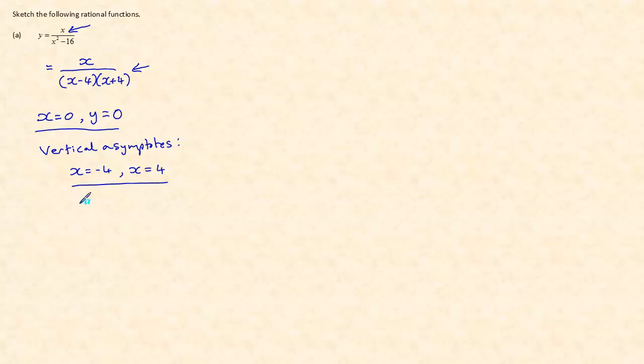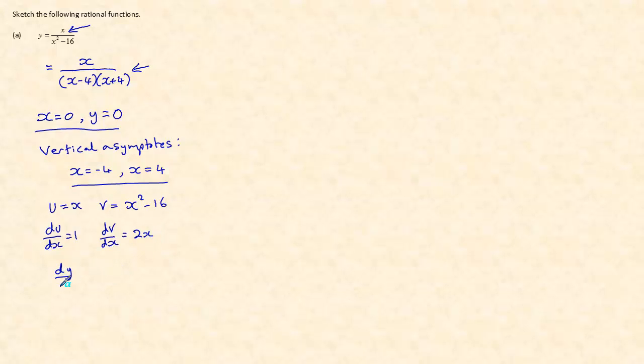Now we could see if it has any turning points by differentiating. So u is x, v is x squared minus 16, so du dx is equal to 1, dv dx is equal to 2x.